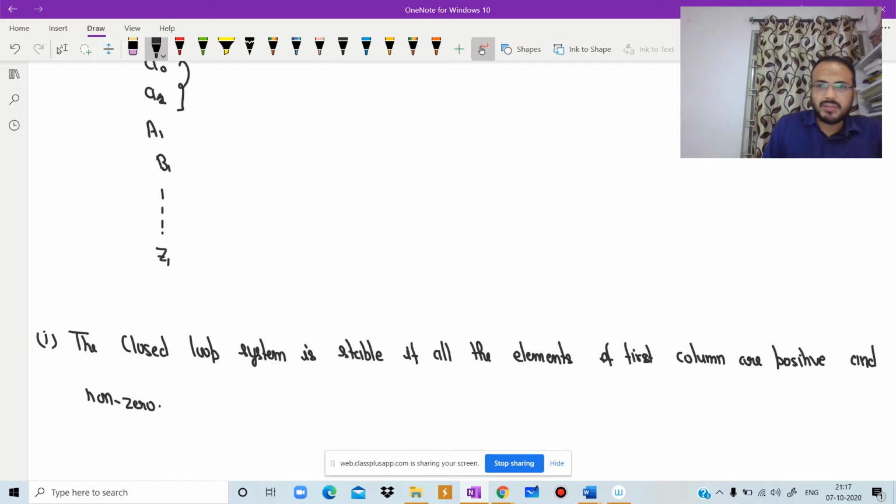Is it clear? All the elements of the first column should be positive and non-zero.